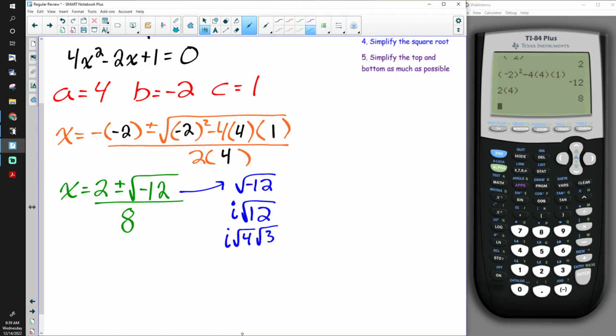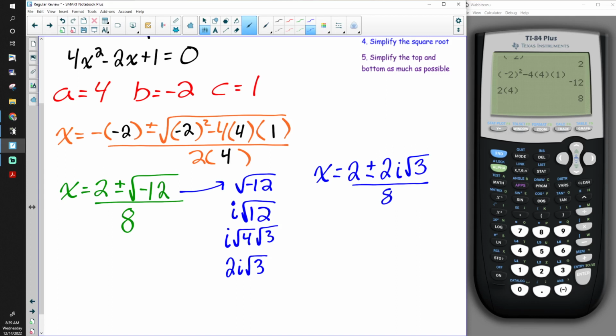The square root of 4 is 2. So if I'm not going to write I2, it's correct to write 2I. Square root of 3. So this whole thing simplifies to x equals 2 plus or minus 2I root 3, all over 8.